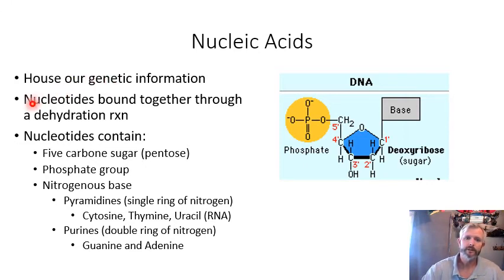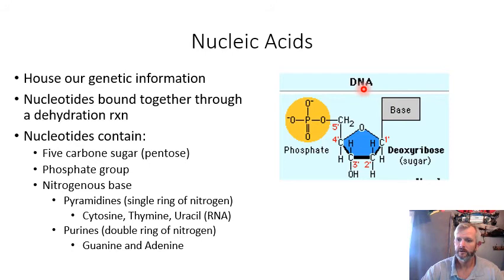The nucleotides are these here. You can see each has three main components. It has a sugar, a pentose, and in DNA we have deoxyribose sugar, therefore the D, a phosphate group, and a base.